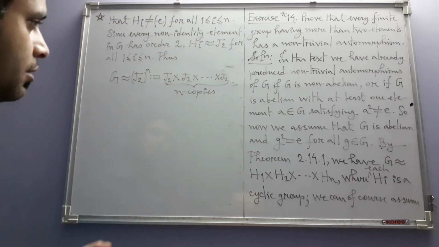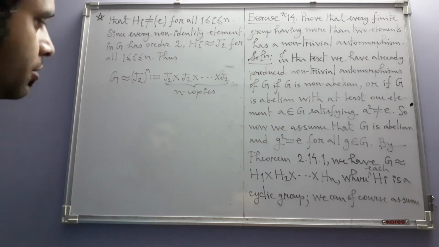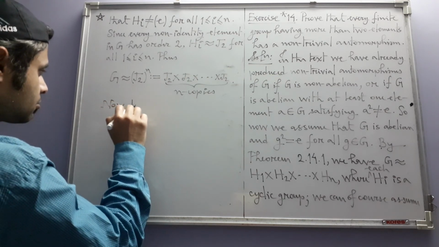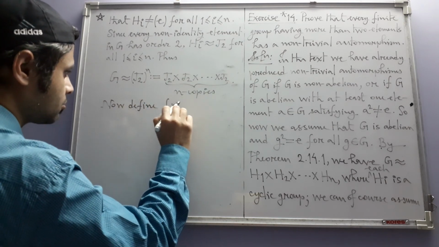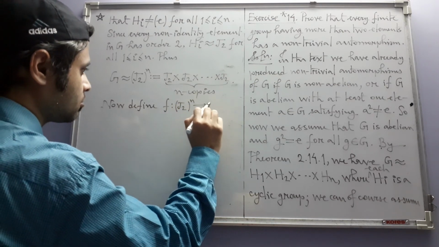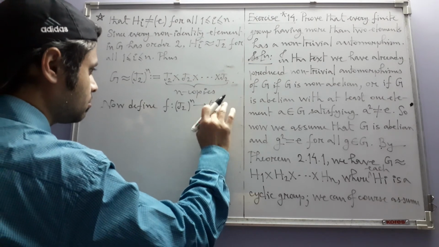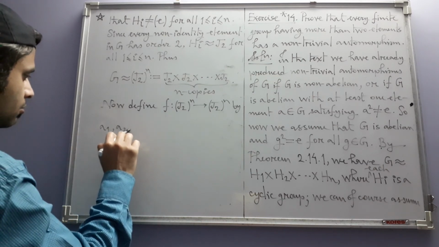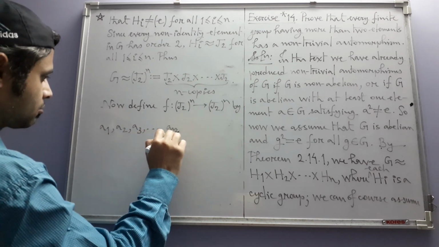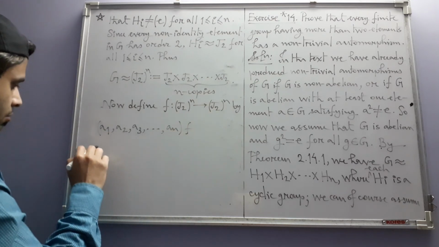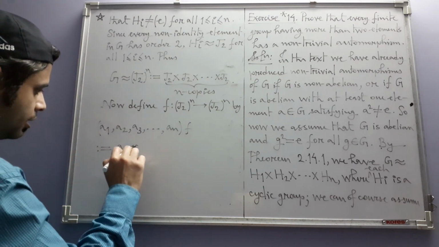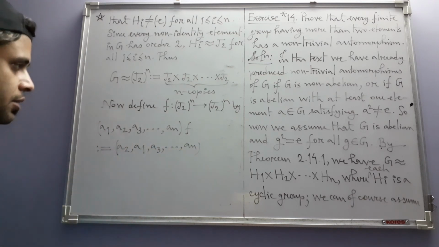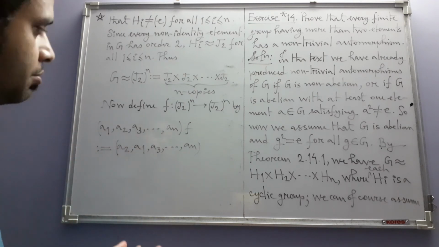So we can now show that there is a non-trivial automorphism, and that automorphism is this: (a1, a2, a3, ...) maps to (a2, a1, a3, ...). So this automorphism interchanges the first and second coordinates of any n-tuple coming from here.